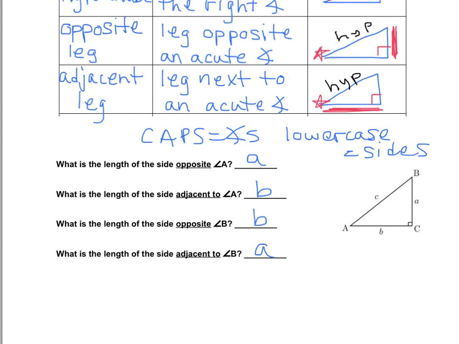Okay, so that's what you need to know to identify the difference between opposite leg, adjacent leg, and of course you already knew hypotenuse. So just keep in mind those vocabulary words as we move on to the next page, which talks about ratios of those sides. So let's move on.